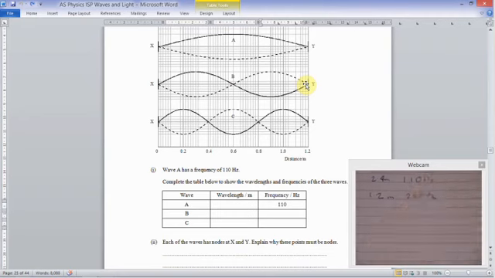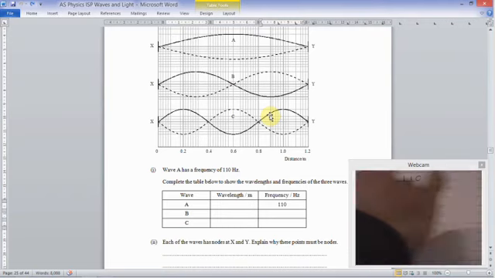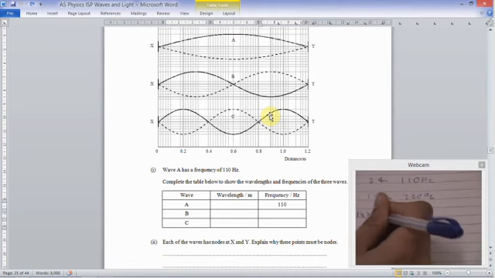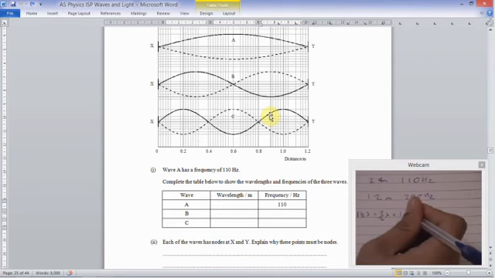Now this one over here, well, 1.5 wavelengths is equal to 1.2, so let's get that really clear. 1.5 lambda is equal to 3 over 2 lambda, which is equal to 1.2.